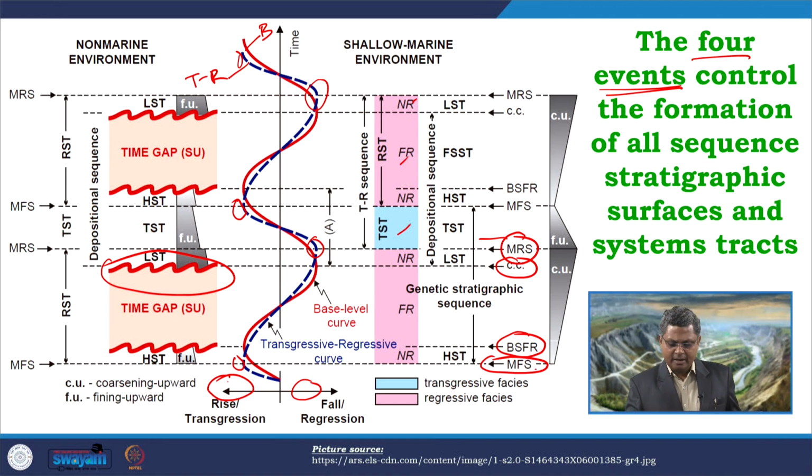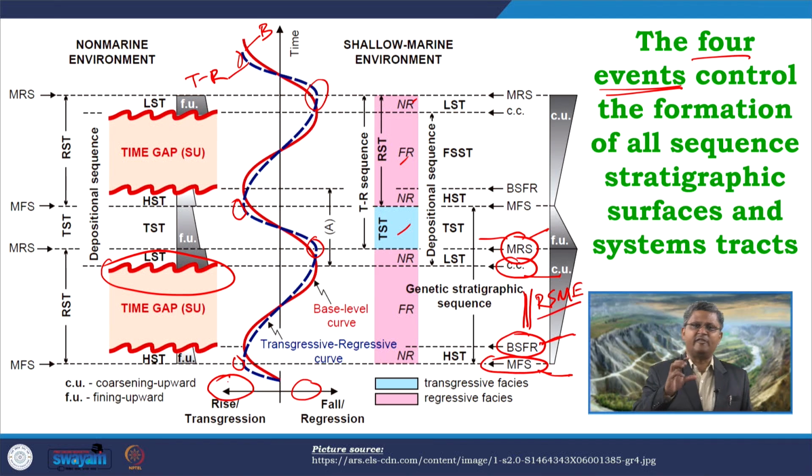So, these are the major surfaces: maximum flooding surface, basal surface of forced regression, correlative conformity and unconformity, maximum regressive surface. Along with this we get another surface which may form during this falling stage, called RSME, regressive surface of marine erosion.